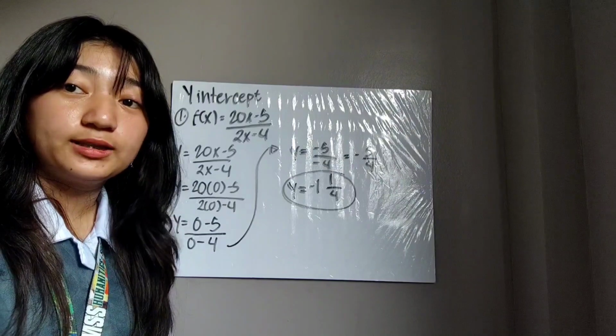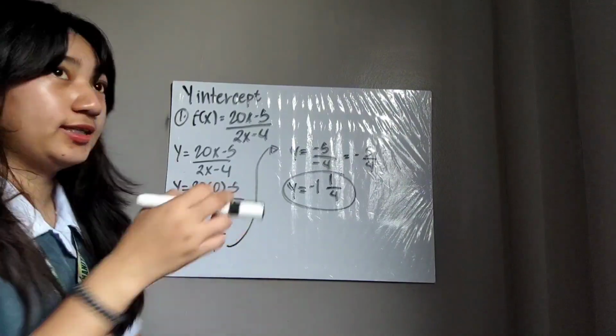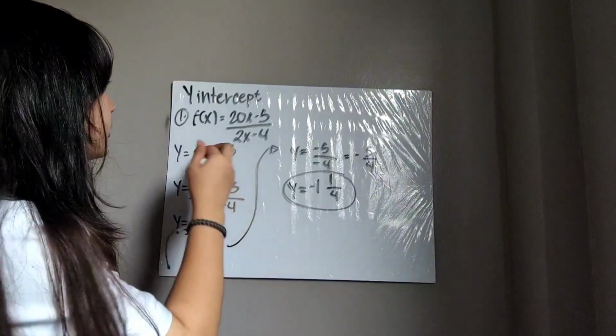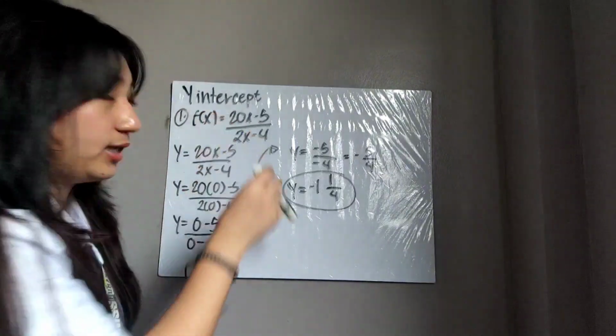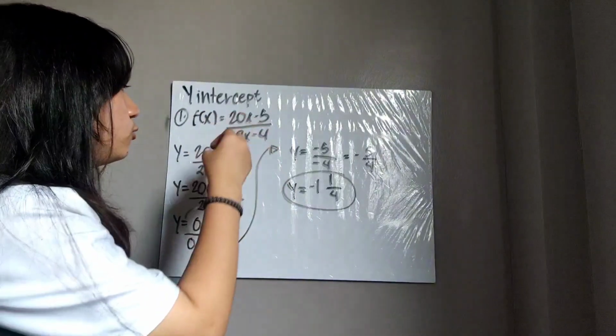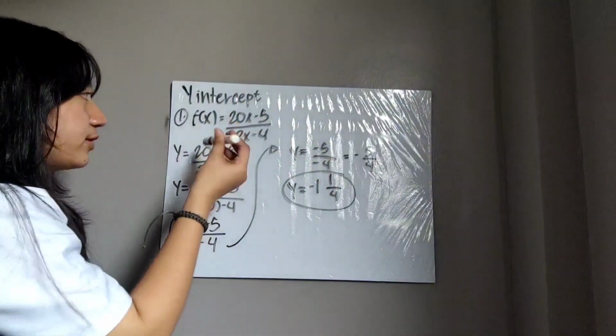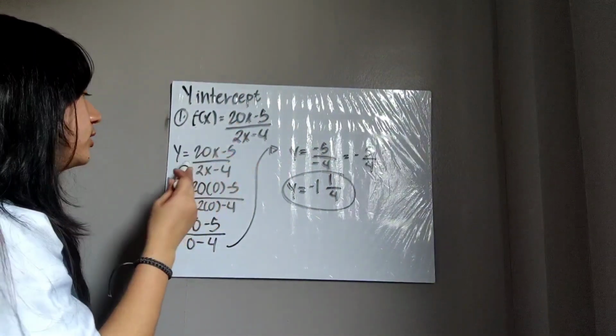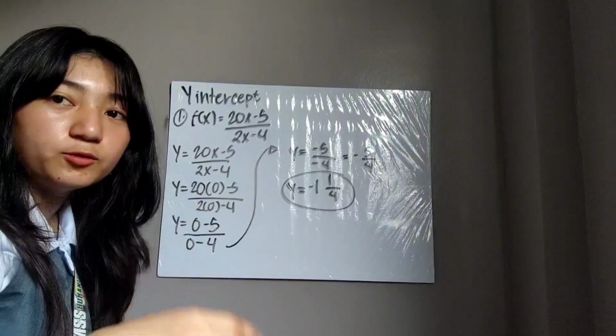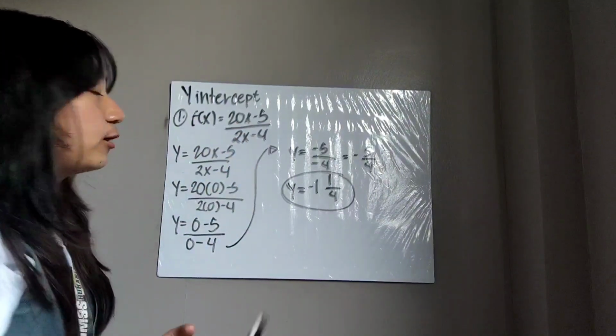So, next example is y-intercept using the same equation ulit, which is yung f(x) = (20x - 5)/(2x - 4). And yung f(x) ulit, magiging y. And yung sabi ito sa y-intercept, yung x daw is gagawin 0.